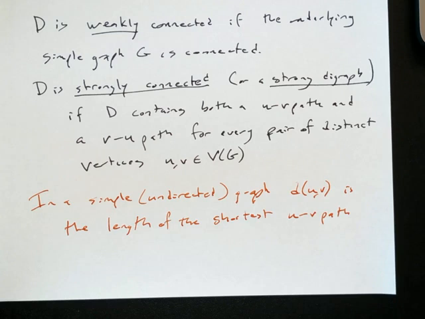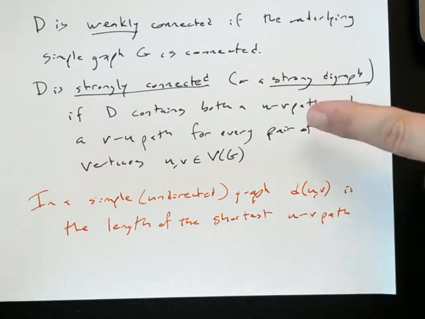In a digraph, that fails right there. I may not necessarily have a path back. I can only guarantee you that the directed distance works for every pair of vertices if the graph is strong.